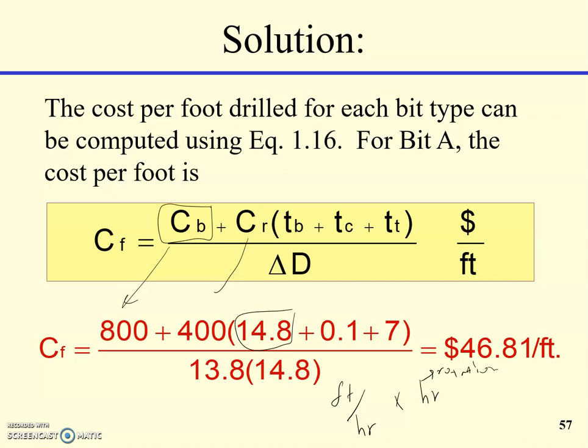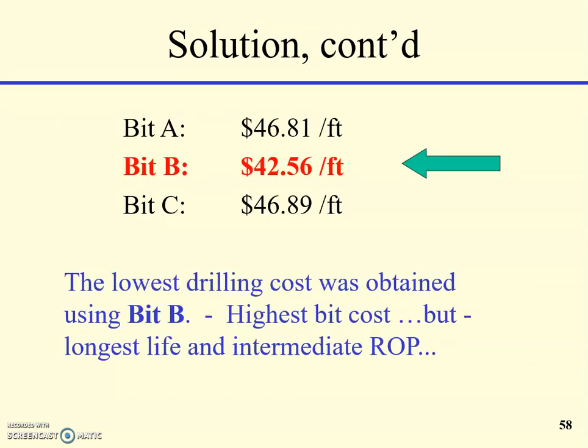This is the rotation time, this is the rate of penetration per hour, ROP, and if you multiply together, you get how many feet you will drill. That's why we are multiplying the rotating time by the ROP, the rate of penetration. All this together gives you the cost. So that's $46.81 per feet.